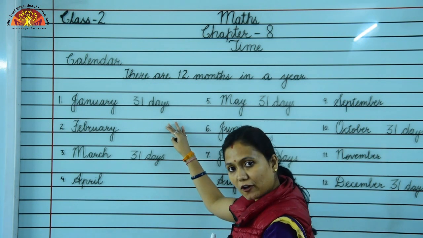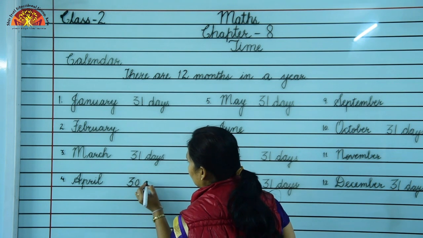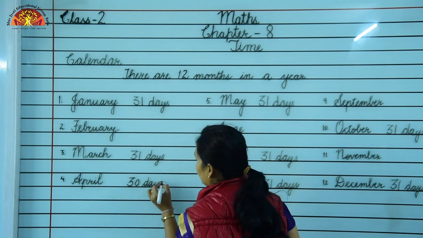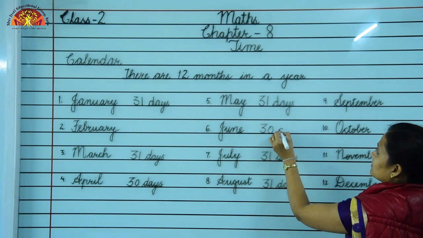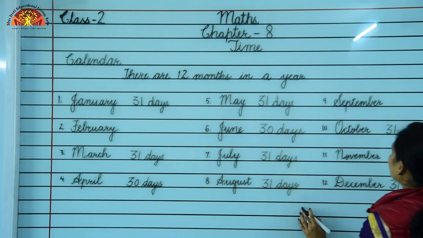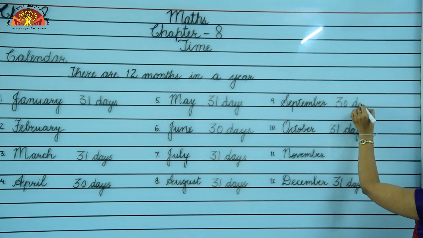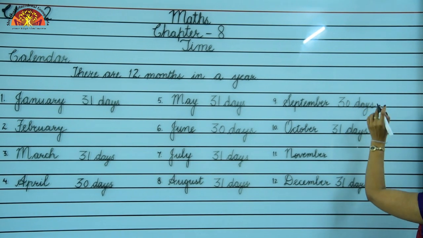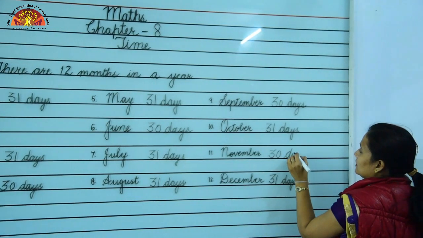So except February, April has 30 days, then June has 30 days. After this, September has 30 days, and then November has 30 days.